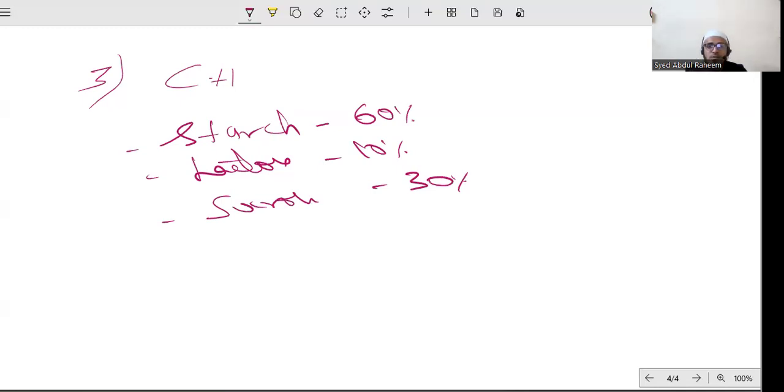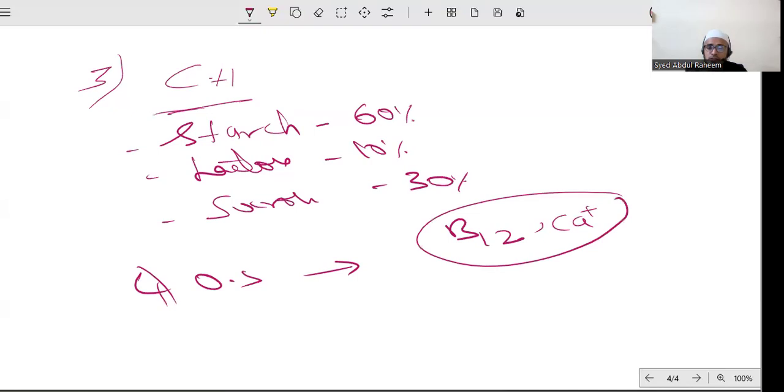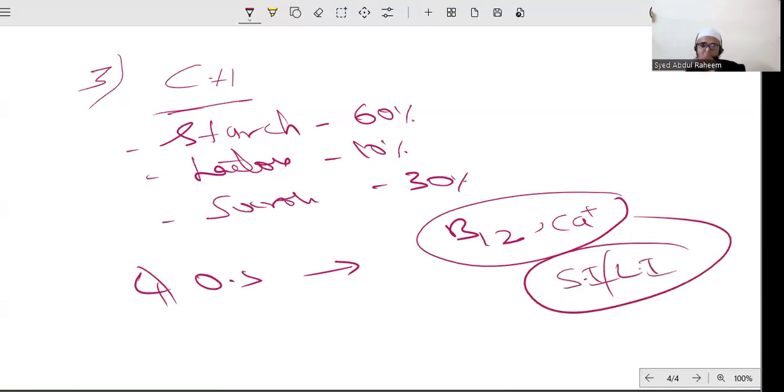Okay, so this is carbohydrates. And the fourth one is other substances, like vitamin B12, calcium. These are all absorbed in the small intestine, large intestine also sometimes.